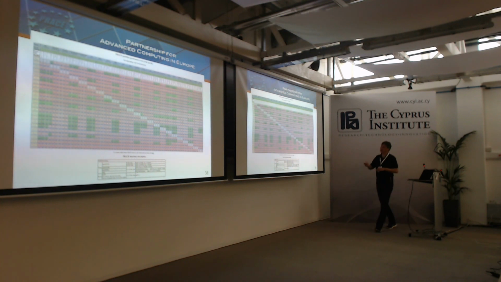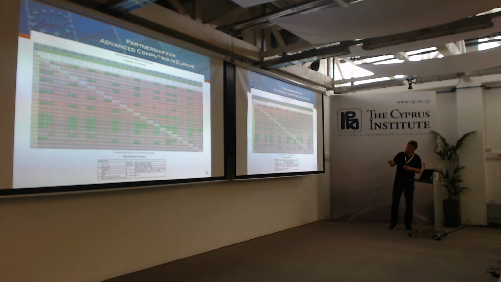One piece of information you see here, I assume you cannot see it from far: it's three numbers for every partner. It's TCP throughput, UDP throughput, and percent packets lost. And if you see, for example, that with a 10 gigabit connection you only get 50 megabit out of it, it's not optimized.